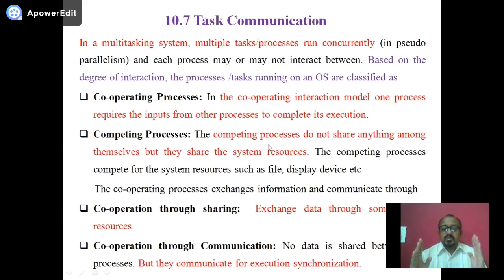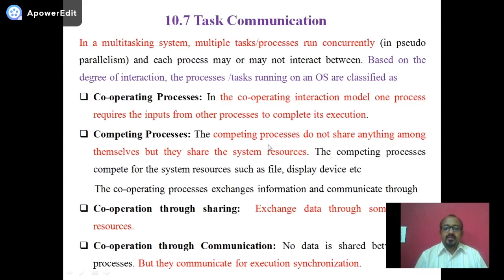Right? So when the keypad task code is executed, it identifies a key and passes the message to the display for displaying that particular key which was pressed.